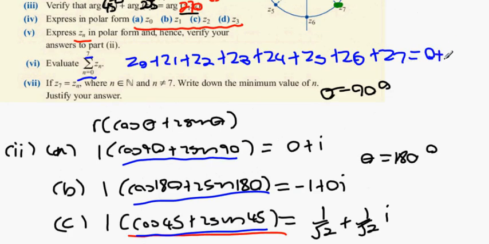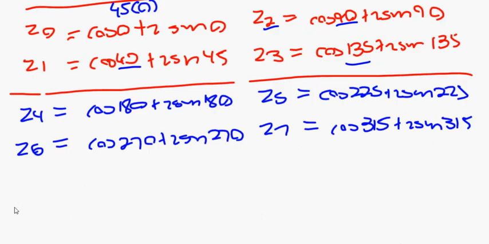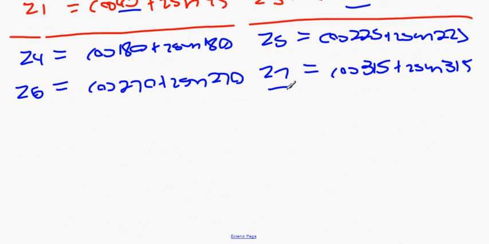Okay. If Z7 equals Zn, where n is an element of the set and n isn't 7, write down the minimum value of n. Justify your answer. Okay, well, Z7 is cos 315 plus I sine 315.